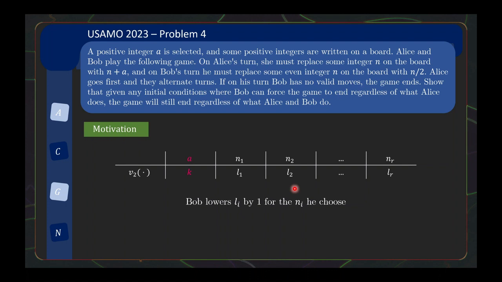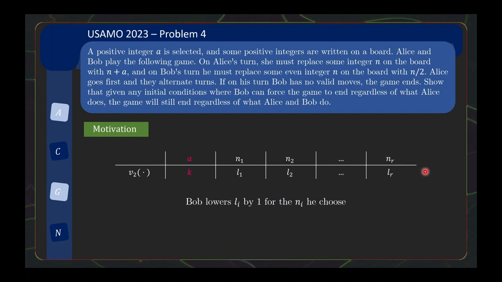In fact, the game ends if Bob receives a situation where all the li's are 0. Basically, there's no even number at all. So this is why considering this highest power of 2 really matters.